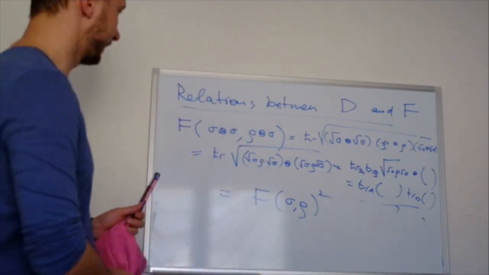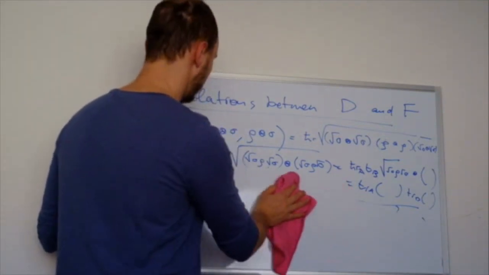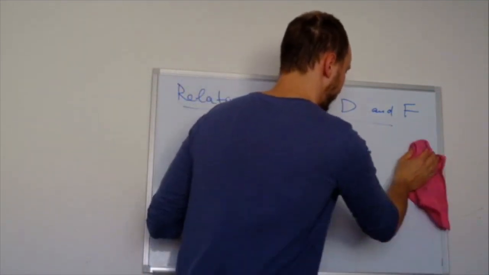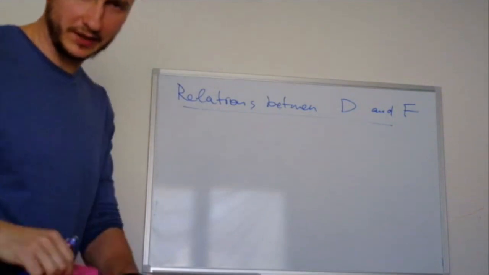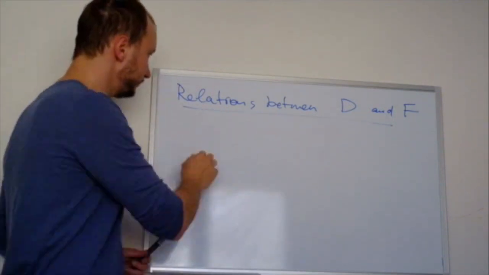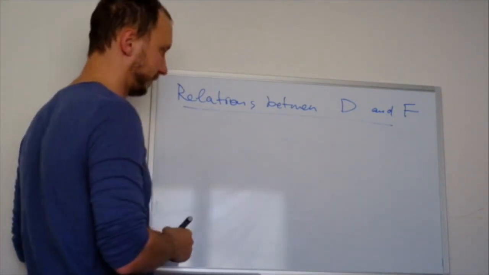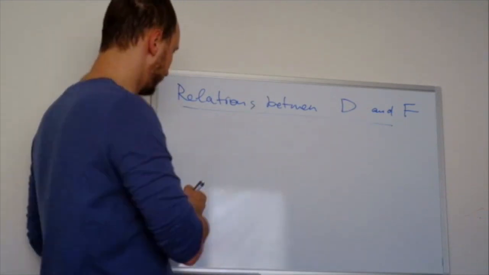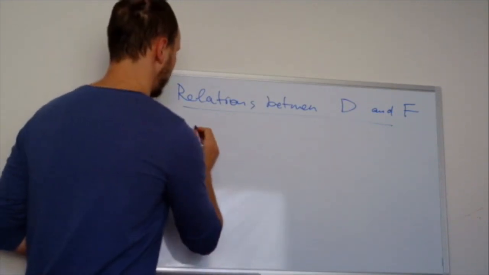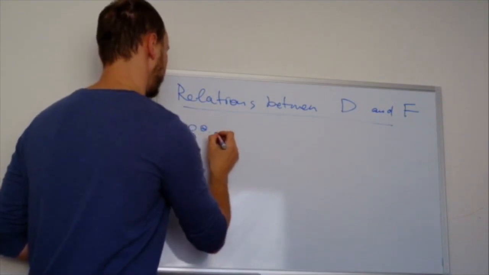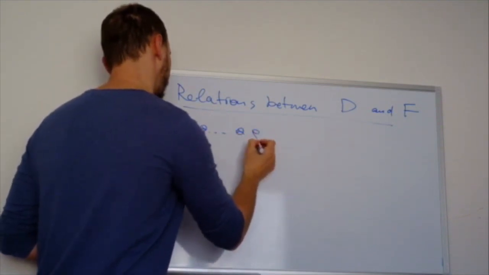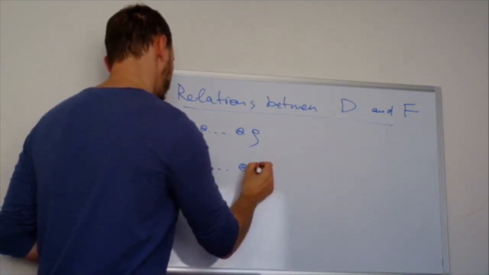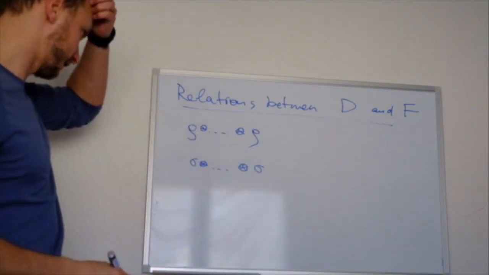I'm telling you all this because we'll use it in the exercise now. What's nice is that if you repeat many times, if you have a scenario where we repeat the measurement many times, so we have many copies of states rho and many copies of state sigma, and we measure them individually, we'll see it also in this exercise.